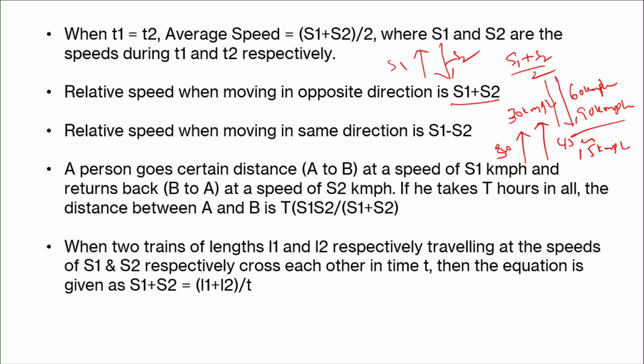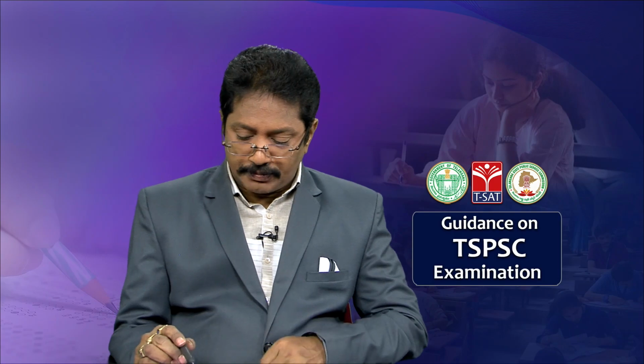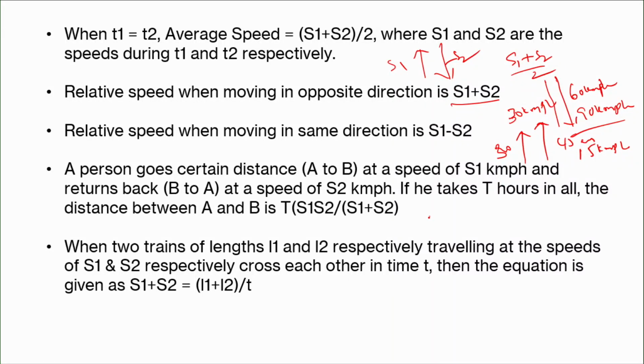Do you understand? Okay. A person goes a certain distance from a to b at a speed of s1 kilometers per hour and returns from b to a at s2 kilometers per hour. If he takes t hours in all, what is the distance between a and b? Okay. So here, for example, this is point a and this is point b.